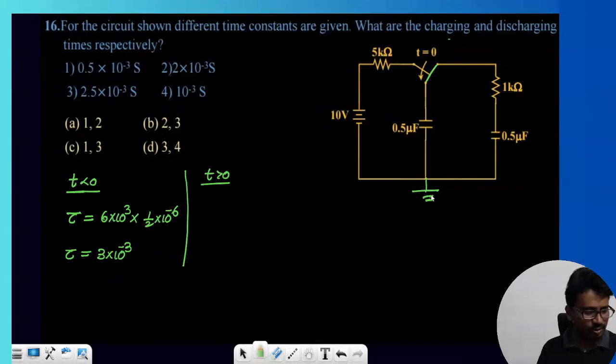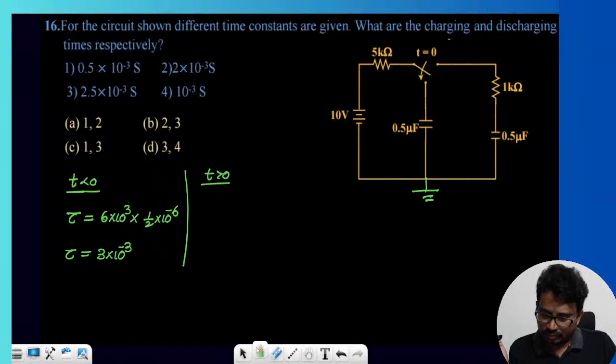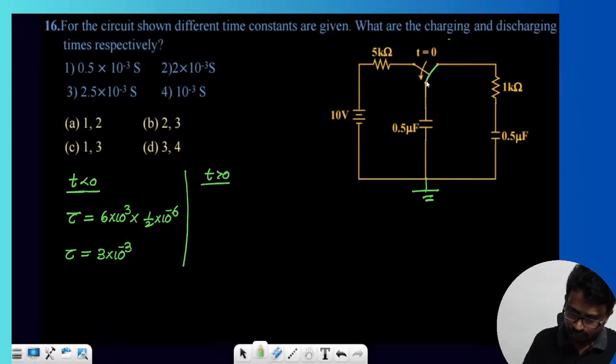Yeah, both are connected to ground only. If we have these connections, no, yeah.